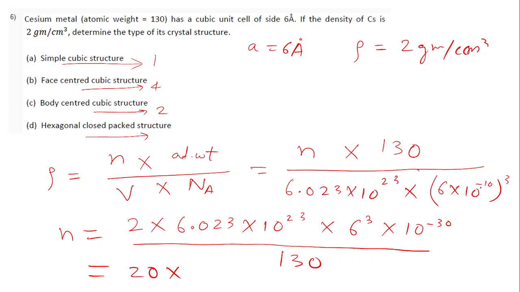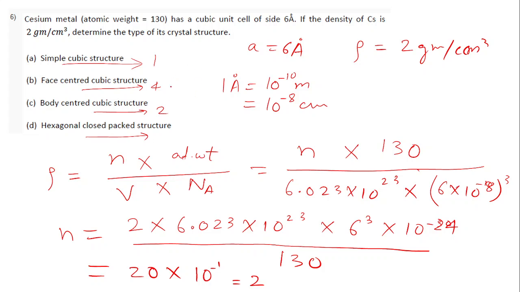So I changed in meter. 1 angstrom is 10 to the power minus 10 meters, but density is in centimeter cube, so I should change it to centimeter cube. Centimeter means 10 to the power minus 8 centimeter it will be. So this will be minus 8, so it will be 24. So it will be 10 to the power minus 1, means 20 divided by 10, that means 2. So N is equal to 2.